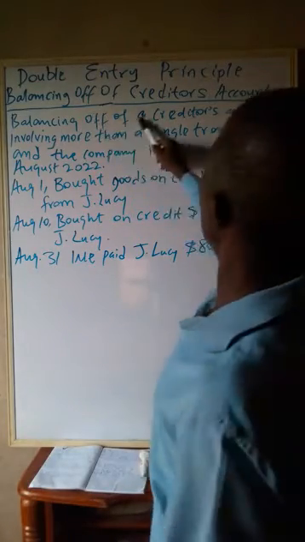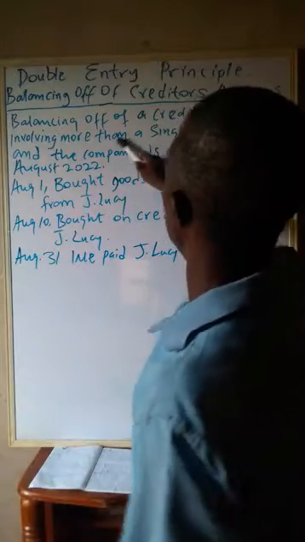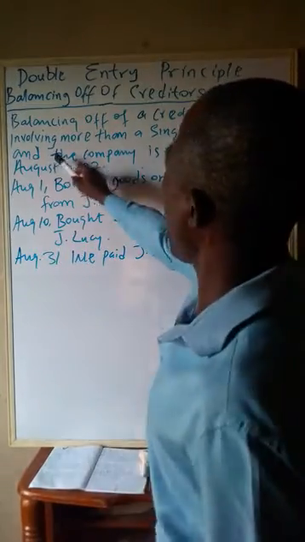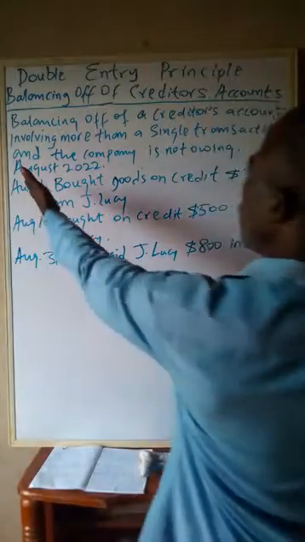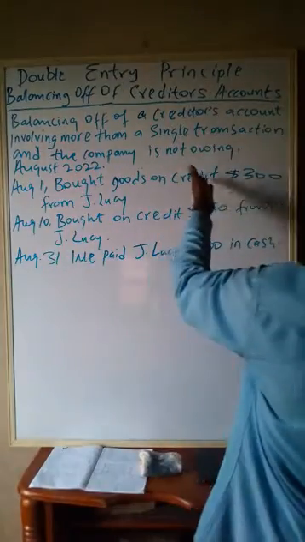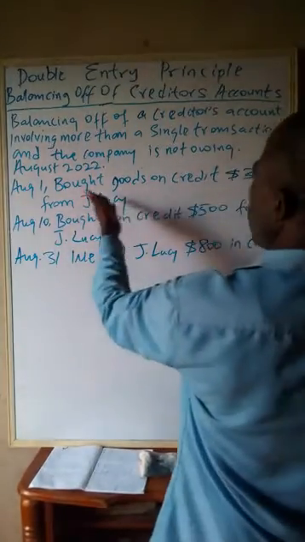So balancing up of a creditor's account involving more than a single transaction, and the company is not owing. August 2022. What happened? August 1st, bought goods on credit, $300 from J. Lucy.